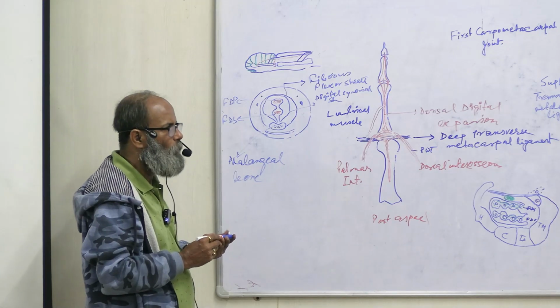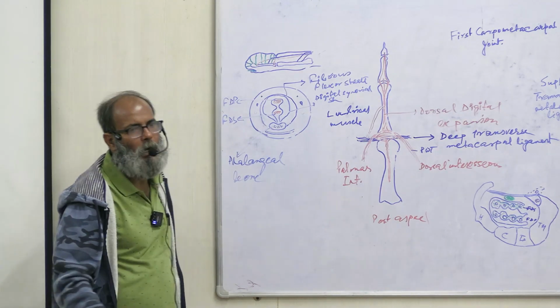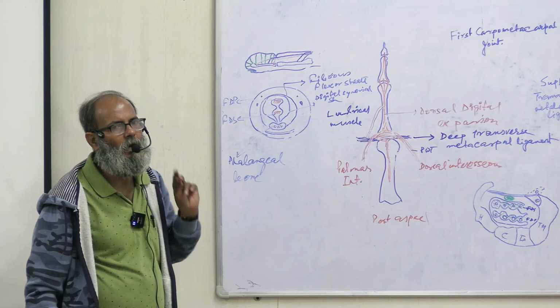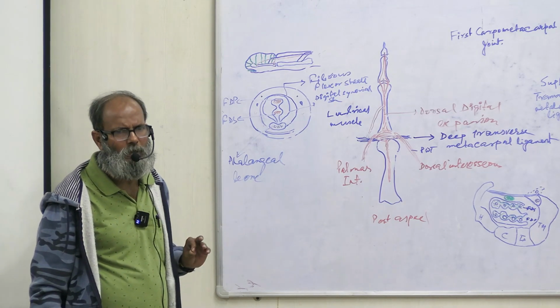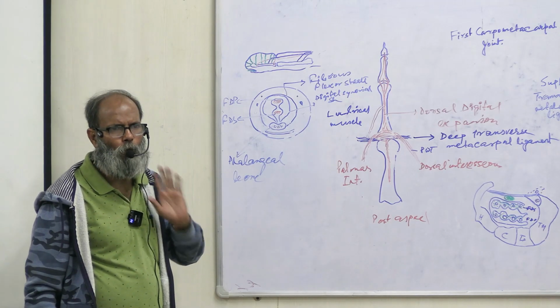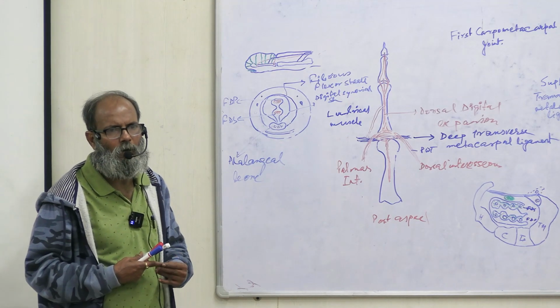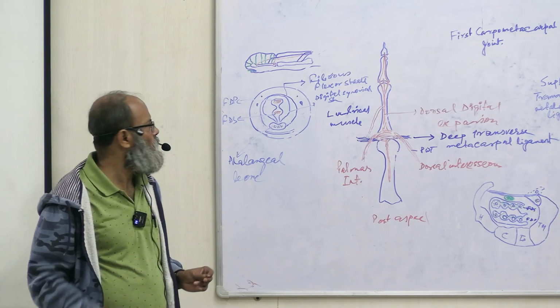Got my point? When the pulp space area is infected, it is tremendously painful. There is excruciating throbbing pain at the tip of the fingers, that is the last part of our digits, right?